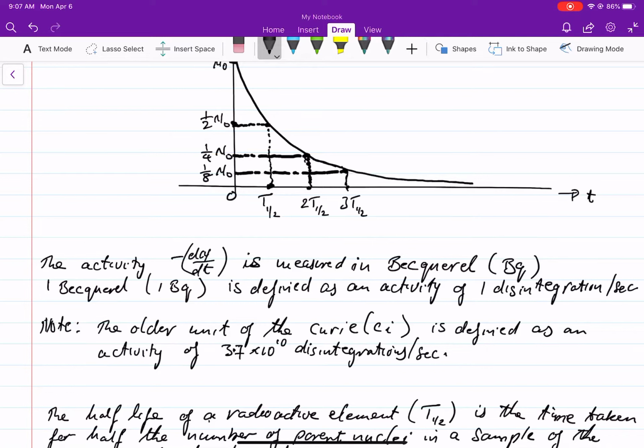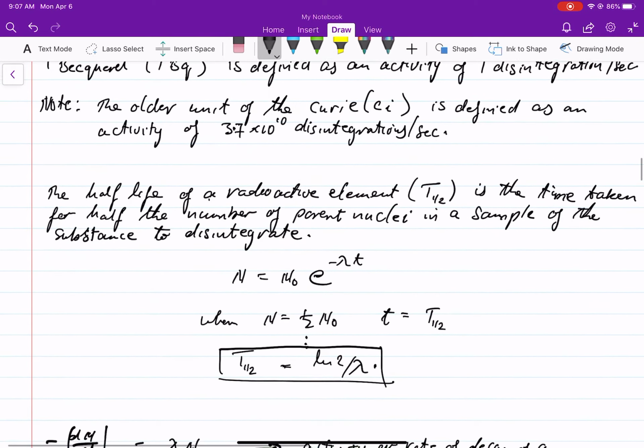She had a lot to do with our understanding of radioactivity today. That was defined as an activity of 3.7 times 10 to the 10 disintegrations per second. So that's a big unit. We're going to be using the becquerel, one disintegration per second, as the units of activity.